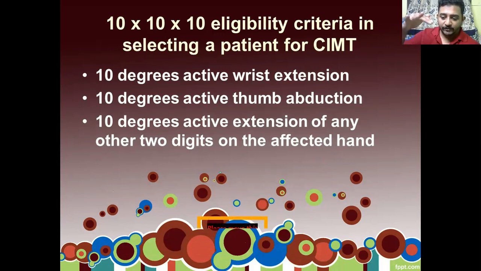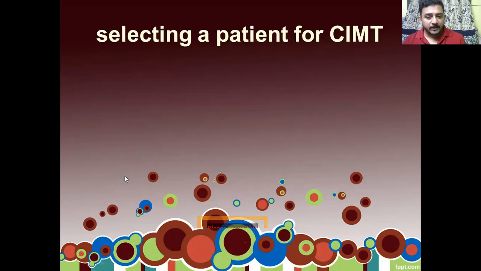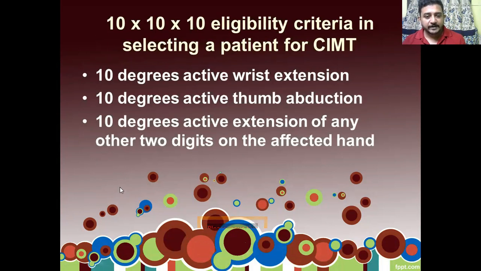Normally the movement starts in the lateral two fingers, that is your index finger and the middle finger. You should have 10 degrees of active extension of any two digits. If these 10 degrees are available, this patient is eligible for constraint induced movement therapy.